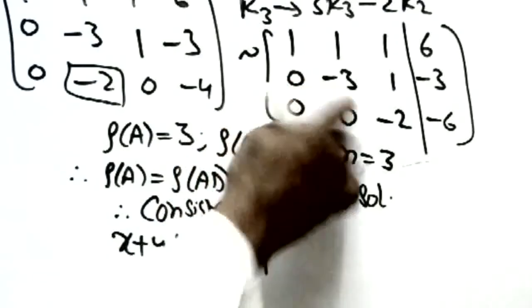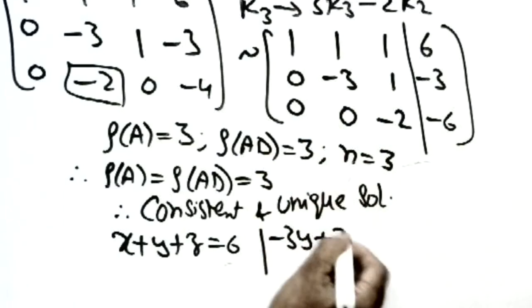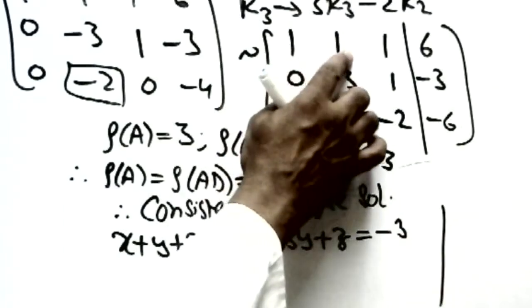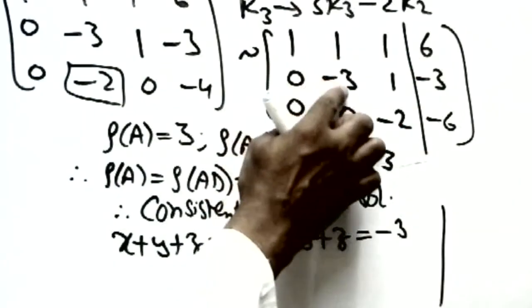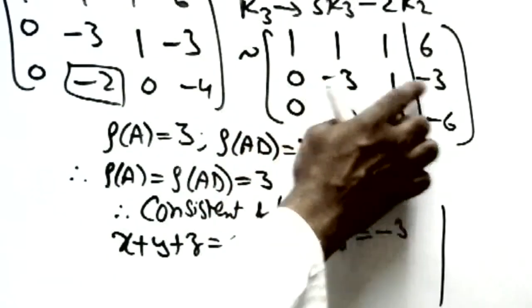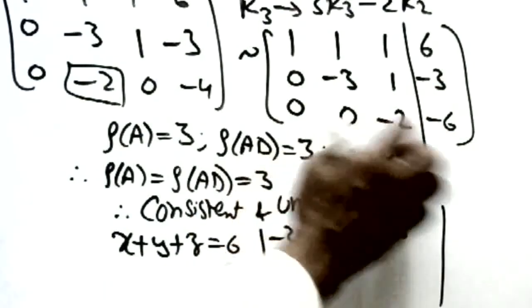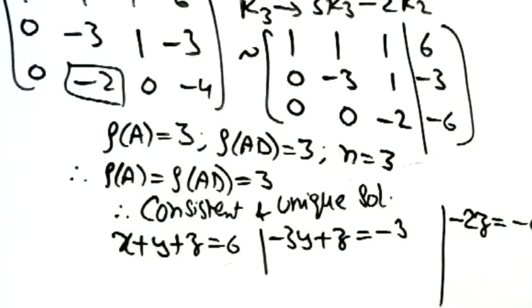Here 0x means 0, leave this one, minus 3y plus 1z means z equals minus 3. So x plus y plus z equals 6. x is 0, minus 3y plus z equals minus 3. x is 0, y is 0, minus 2z equals minus 6.